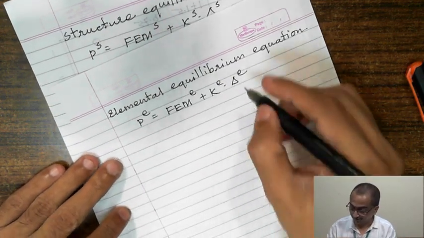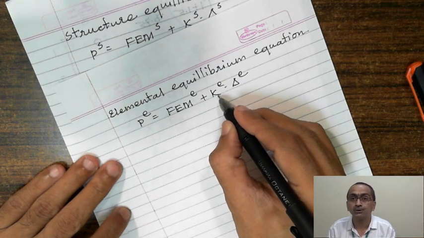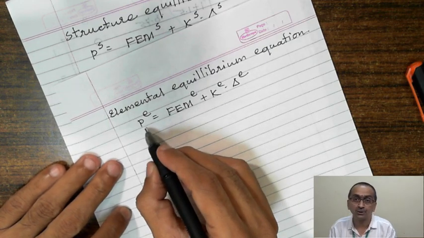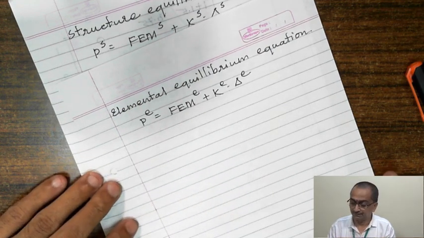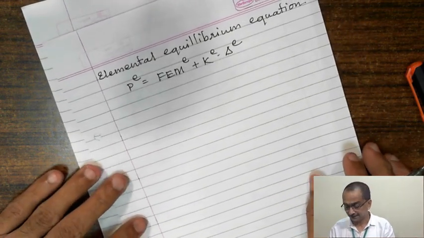Now in this equation we know delta element, we know K element, the elemental stiffness matrix, and we know the elemental FEM matrix. The only unknowns are the elemental forces that we need to find, which are nothing but elemental reactions and moments.